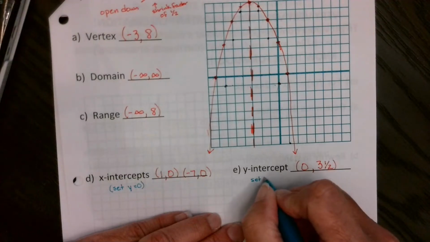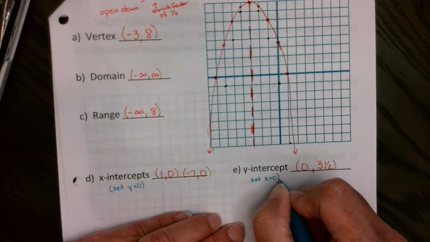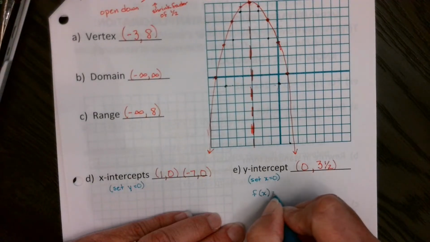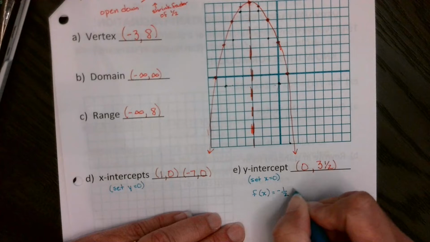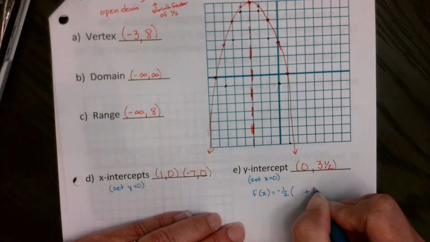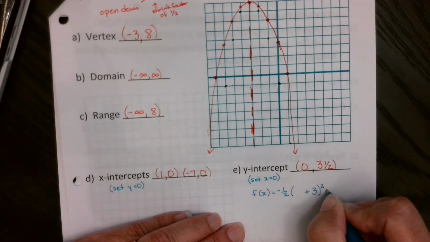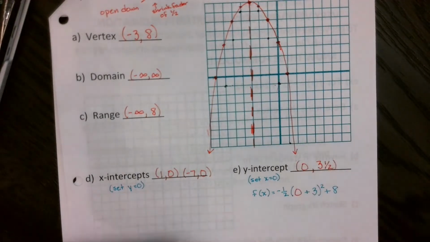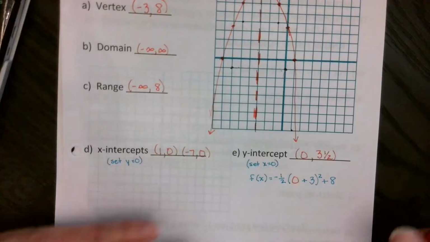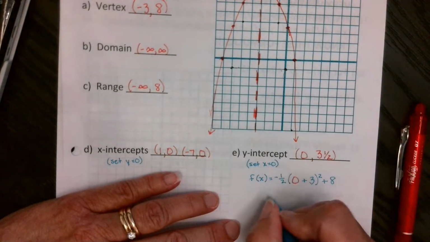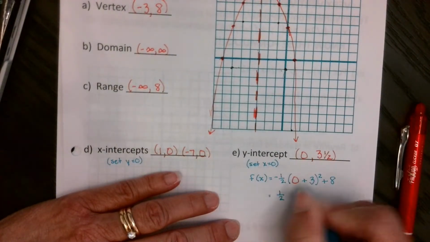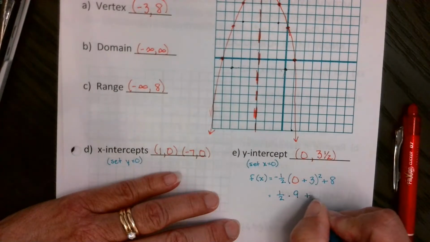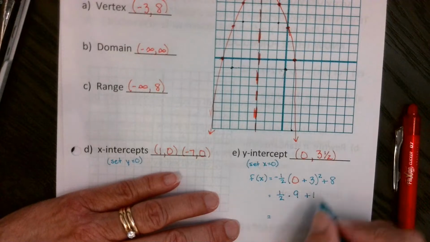Here you set your x equal to 0 and solve for your y, which means it's f of x equals -1/2 times (0 plus 3) squared plus 8. When you work this out, 3 squared gives us 9.